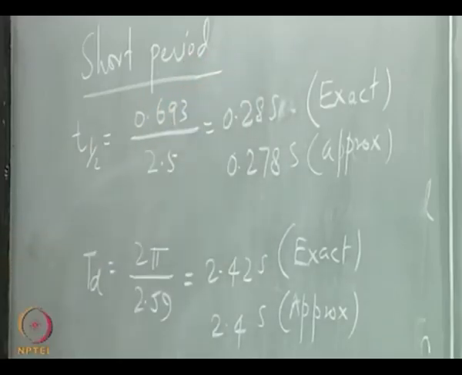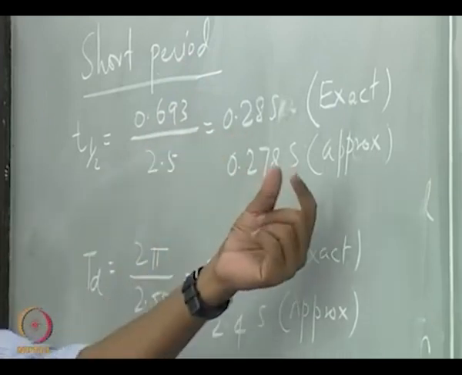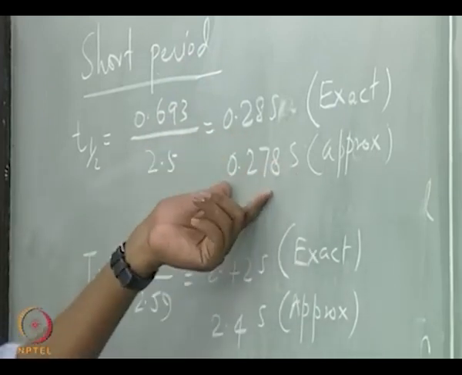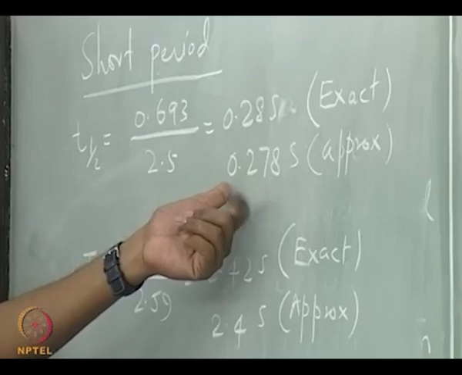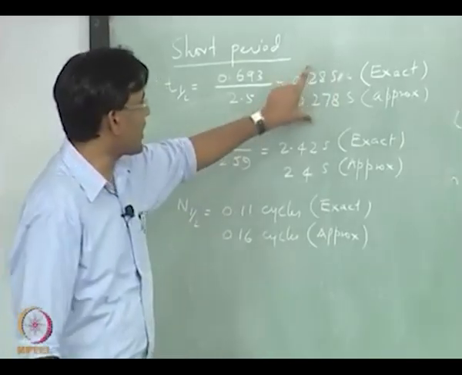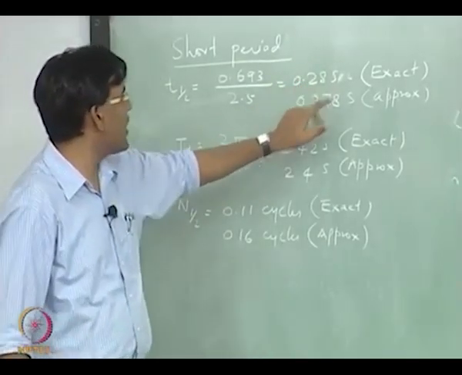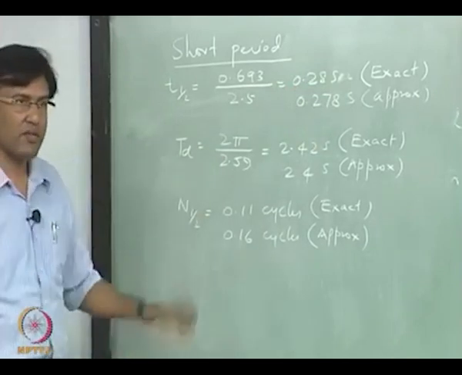That is the exact number and this is the approximate value. This is very close, 0.28 and 0.278, very close.